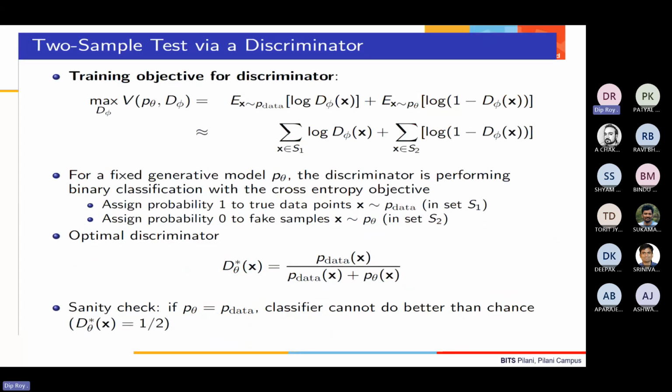Now here, this is the training objective for the discriminator. Before I go into anything, one thing that you need to keep in mind is that a GAN has two parts. One is the discriminator, and the other, which we have not talked about as yet, is the generator.